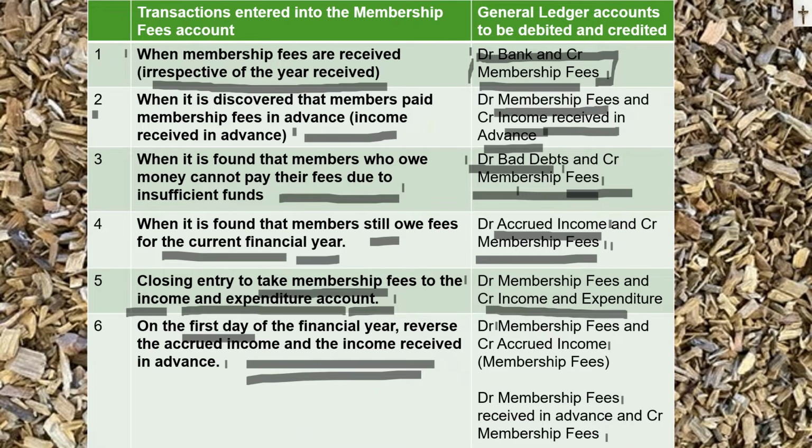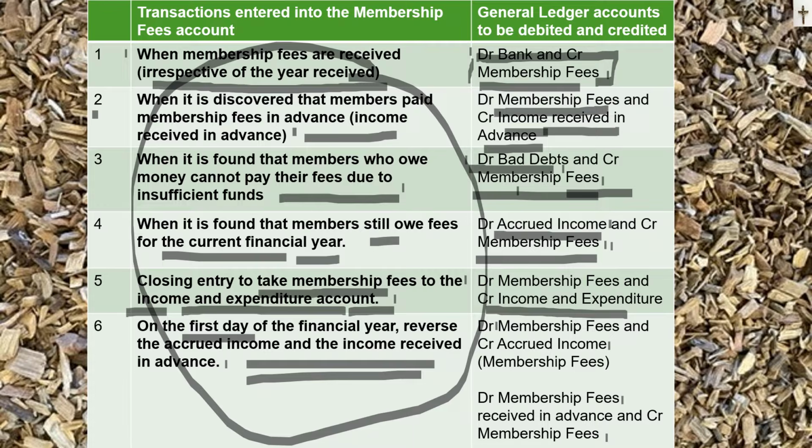Those are called reverse entries. On the first day of the current year that we are looking at, we're going to do reverse entries. So these are the transactions that get recorded in the membership fees account, and we're going to go through an example of each one to complete the membership fees account.